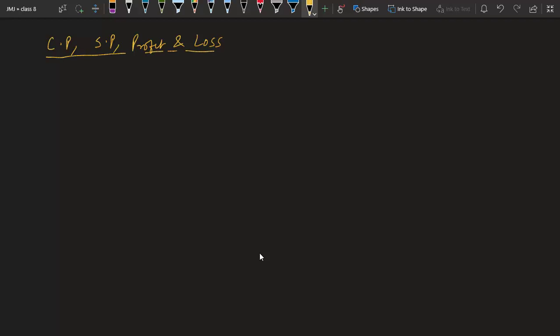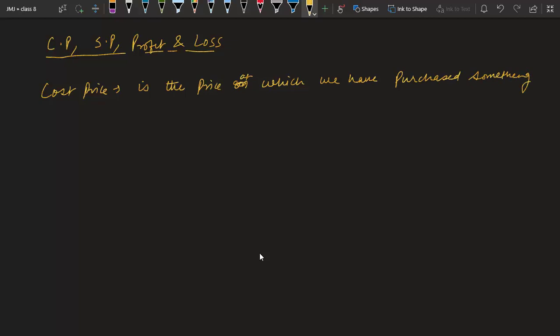We have seen cost price is the price at which we have purchased something. Similarly, second is selling price, is the price at which we are selling something.